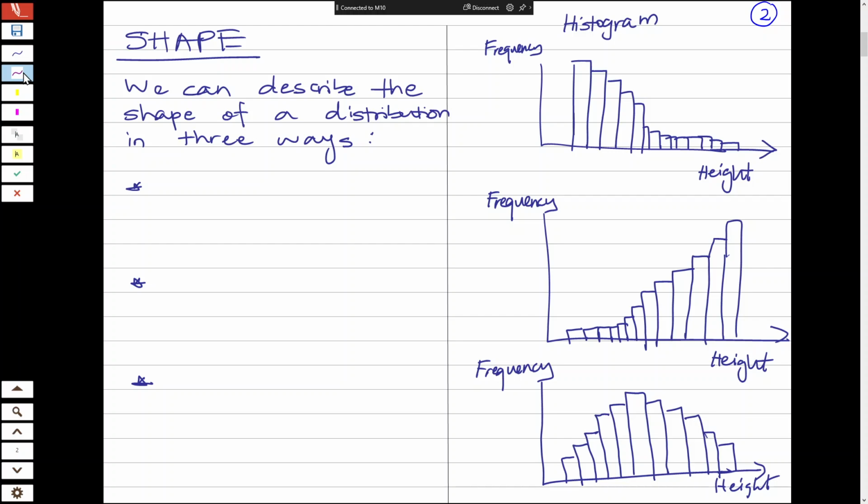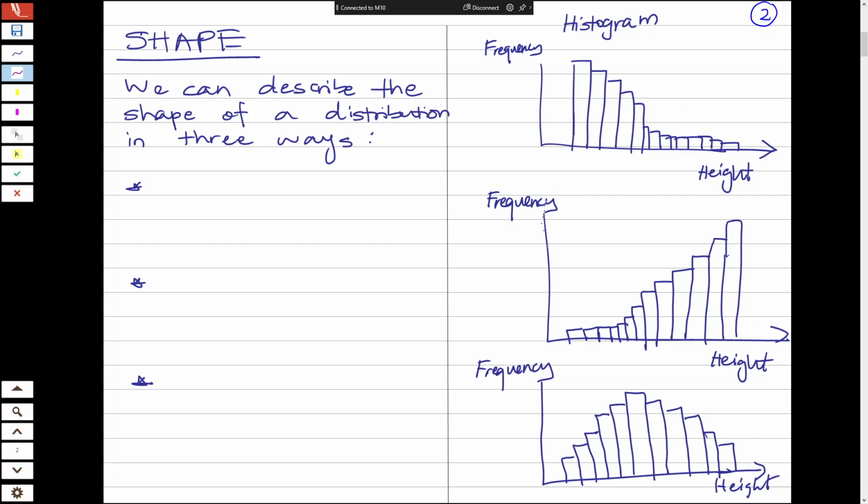If I took the bottom half of the class, the shorter 50%, are they more spread out than the top 50%? Where's the spread happening here? The taller you are, the fewer people there are. So can you see here that there are fewer people who are taller, but they're more spread out. Whereas here, there are lots of short people, but there's not as much spread.